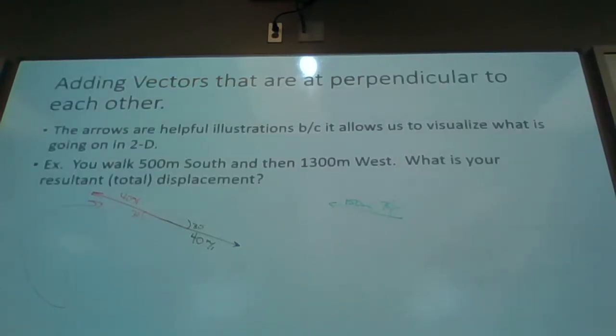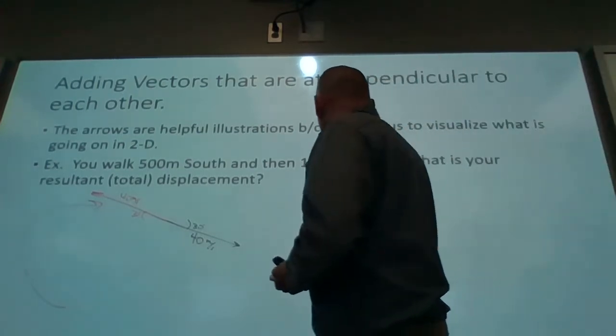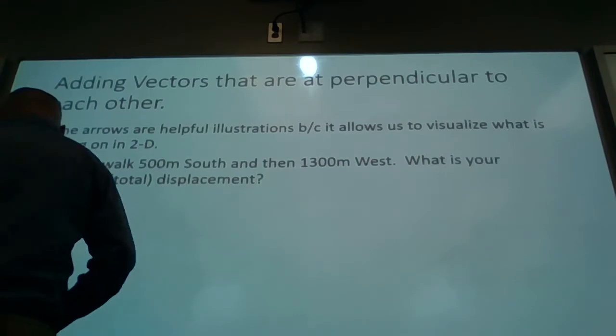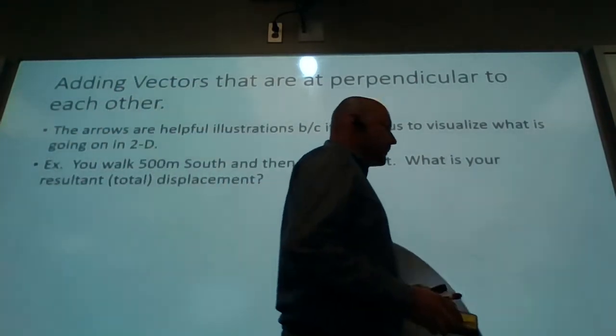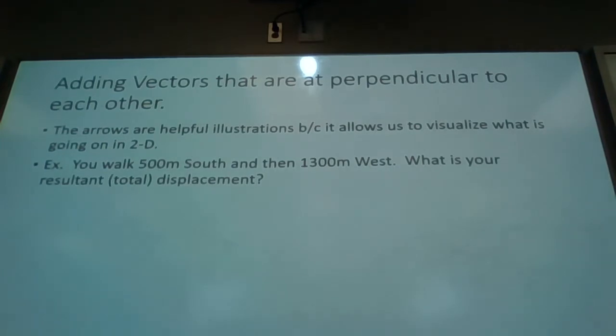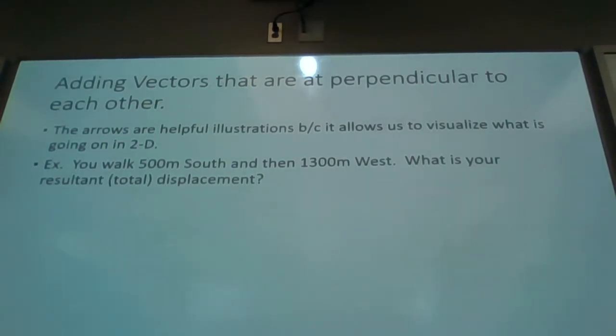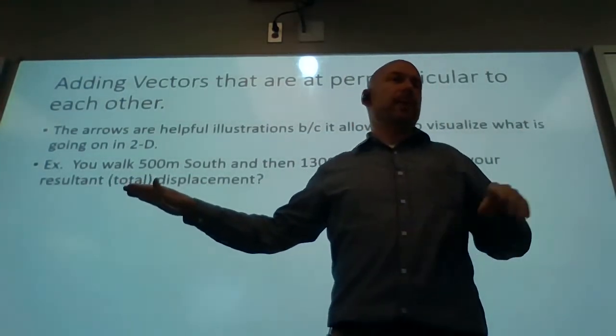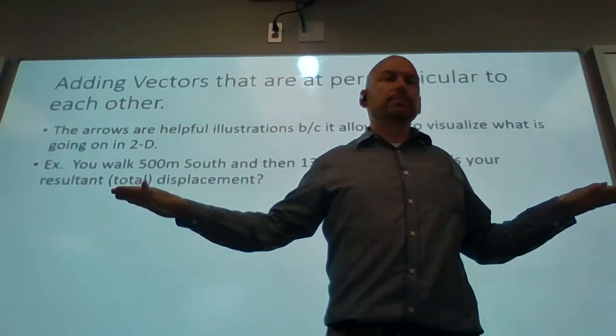All right, so let's say last week we reviewed adding vectors that are on the x-axis or along in one dimension. So we had 7 going to the left, 3 to the right.